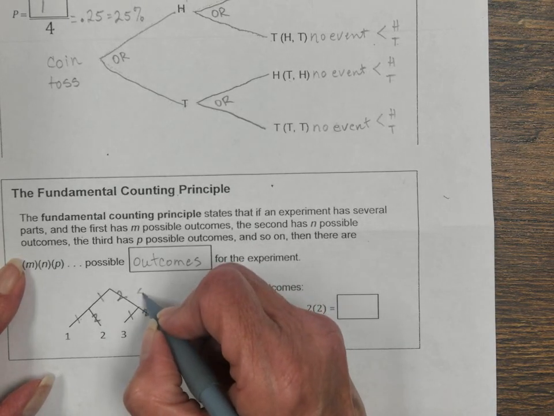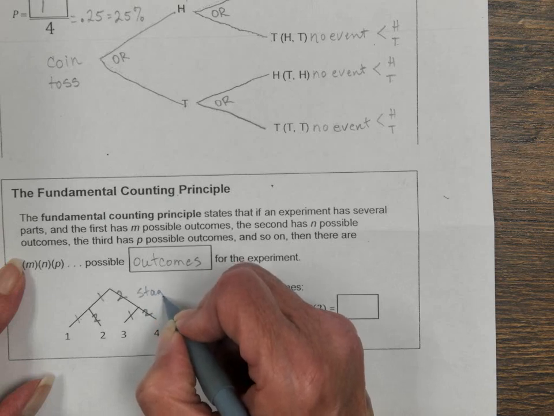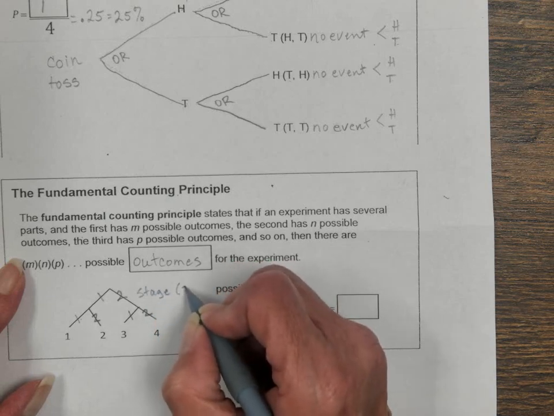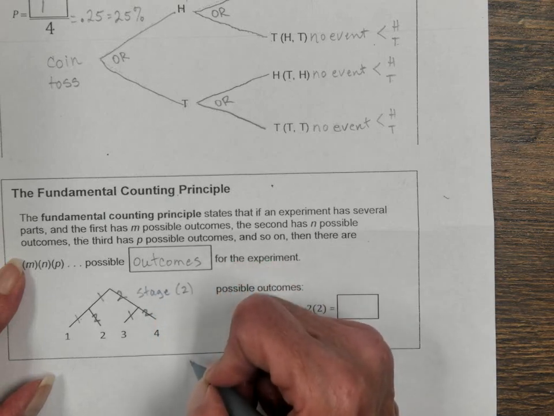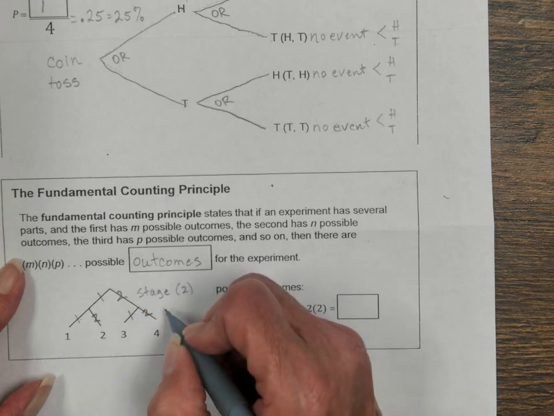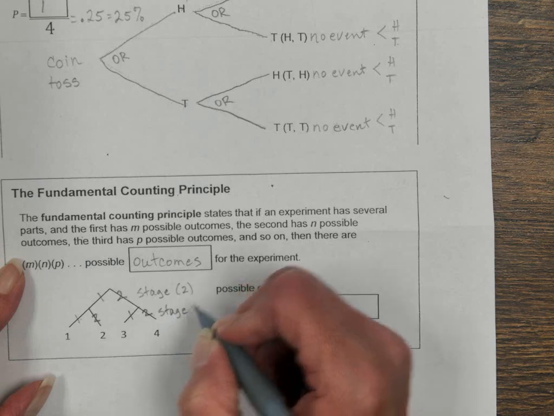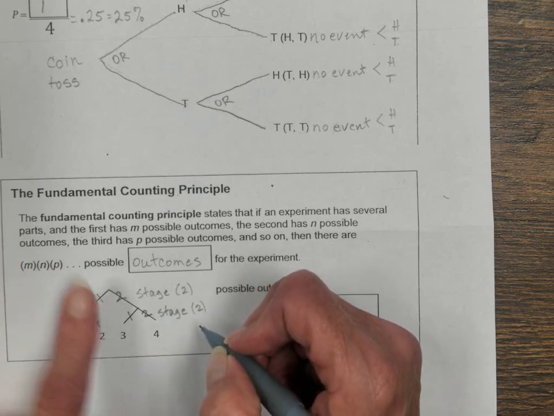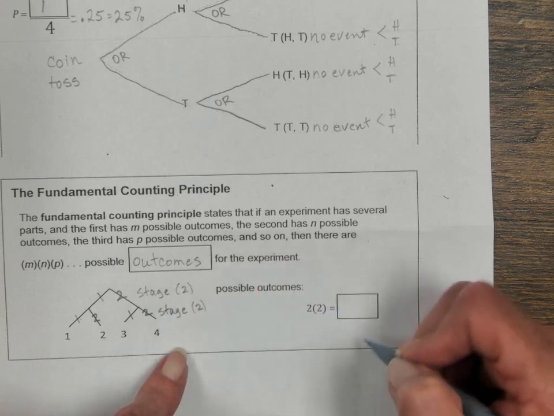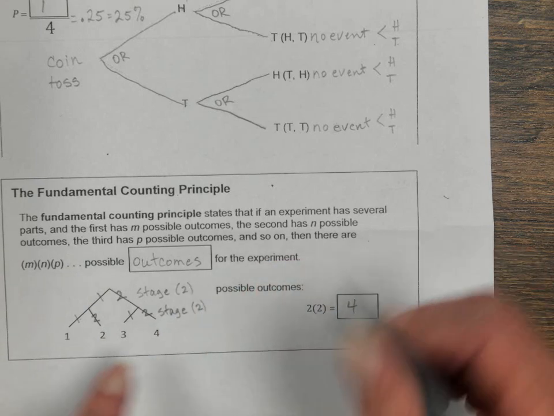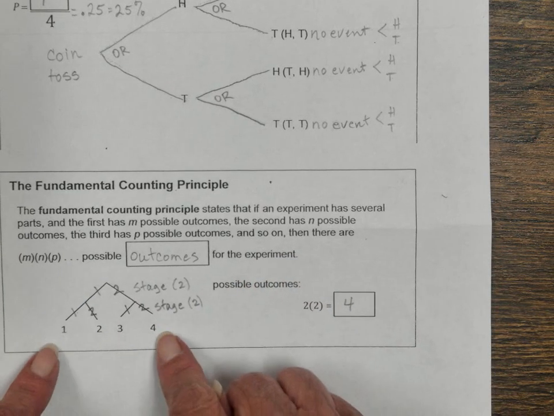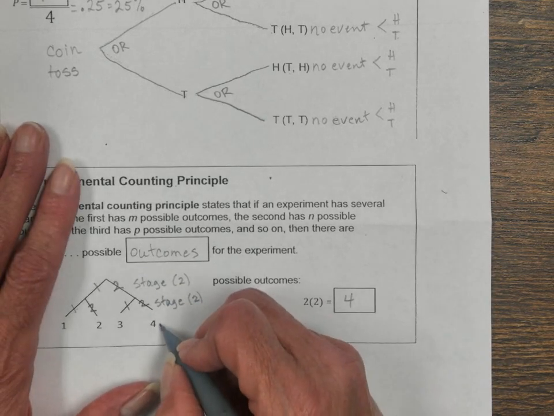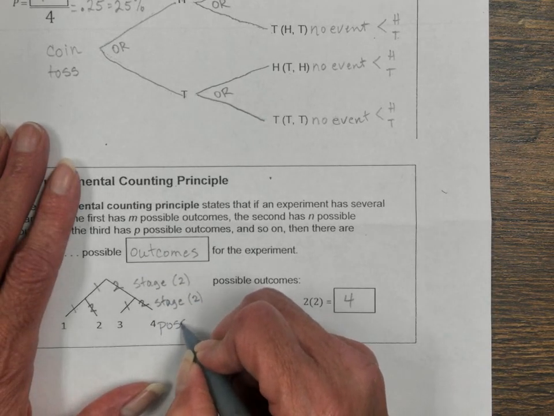So if I call this one a stage, it had 2 possibilities. And then this is another stage, and it has also 2 possibilities. 2 times 2 is 4. That gives me the total number of possible outcomes.